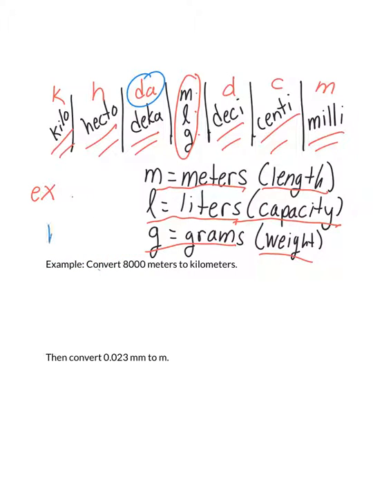If I saw mm, well, the first M would be for milli, and any M's on the end would be meter. So this would stand for, of course, millimeter, and so on and so forth.